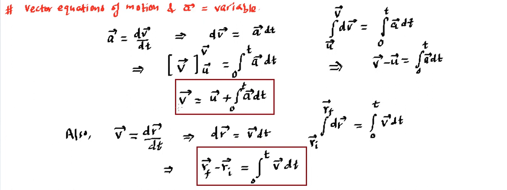Once we have calculated this v, we can place that v vector over here, go for the integration again, then we will get this displacement vector. So this is, in a nutshell, the kinematics once we know the acceleration, and this also includes the case when acceleration is a constant, because we need to simply say a is a constant, so we can take it outside and we can derive all the equations that we have used earlier.